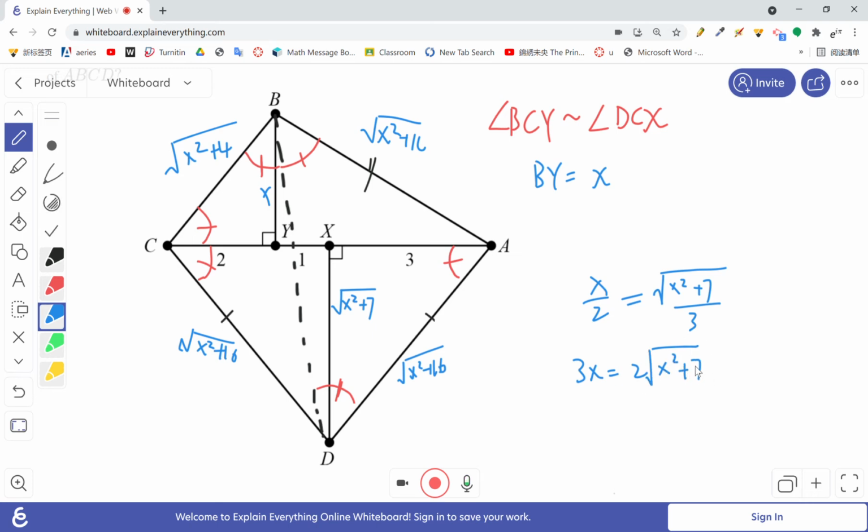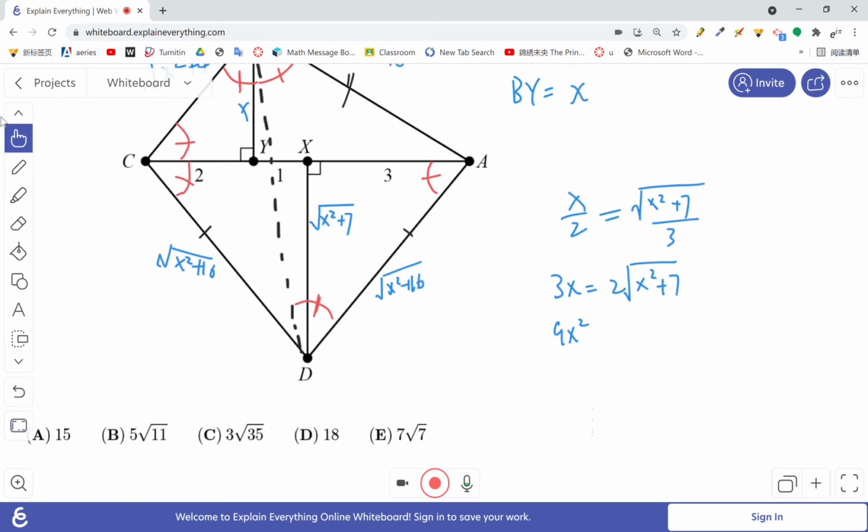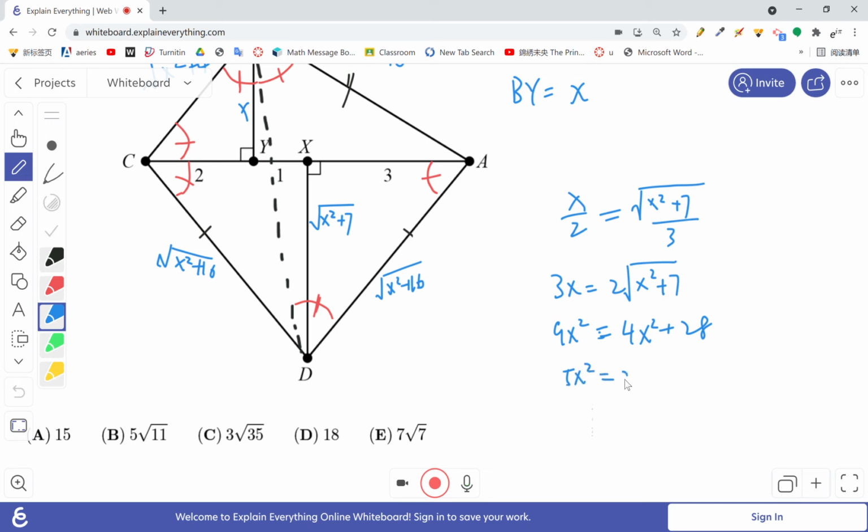When you see radicals, a really common technique is to get rid of the radicals. So we square both sides: 9x squared is equal to 4 times x squared plus 28, so we get 5x squared is equal to 28, and x squared is equal to 28 over 5.